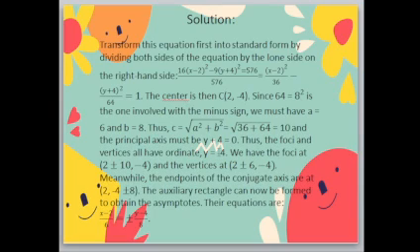Negative 4 man ang value sa y. Parehara sa value sa k nga naa sa center. So, the auxiliary rectangle can now be formed to obtain the asymptotes. So, their equations are x minus 2 over 6 equals positive and negative y minus 4 over 8.